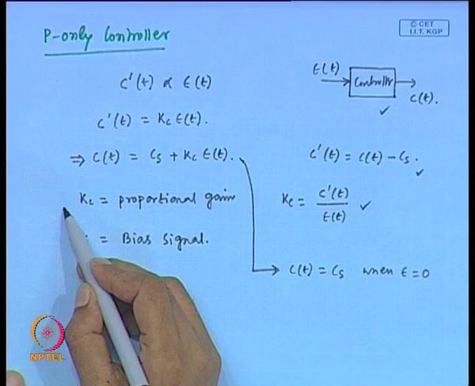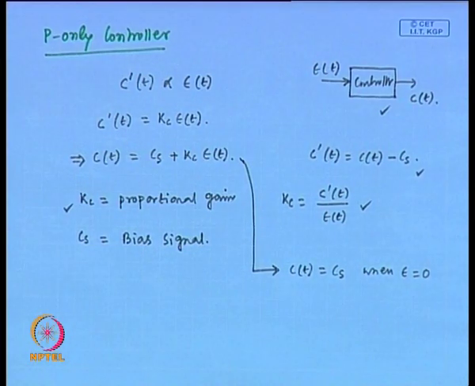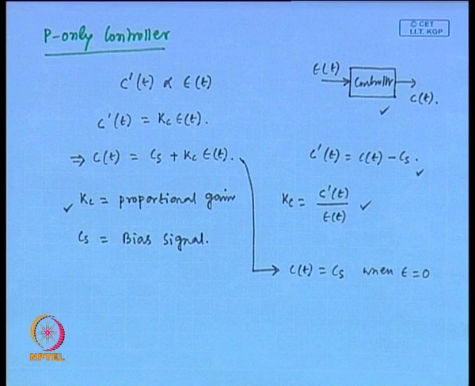This K C is one tuning parameter, controller tuning parameter. The value of that parameter we need to determine. One equivalent term is also used in different softwares and industrial practice, that is proportional band.